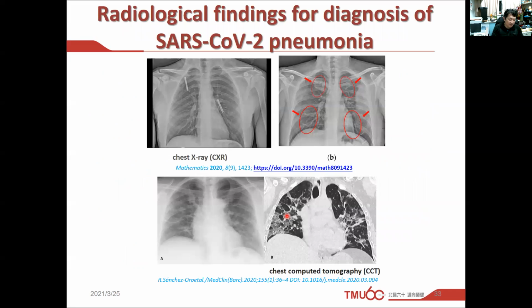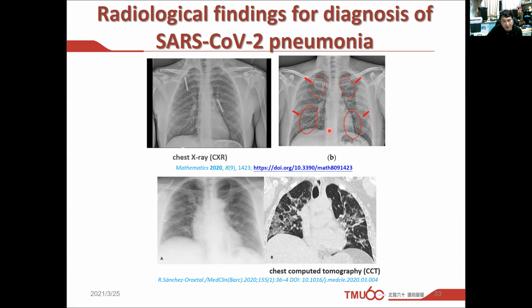Okay, and furthermore, if you want to do an advanced check or diagnosis of COVID-19, you can use chest X-ray to analyze. For example, in figure A, it shows a healthy patient without any symptoms.